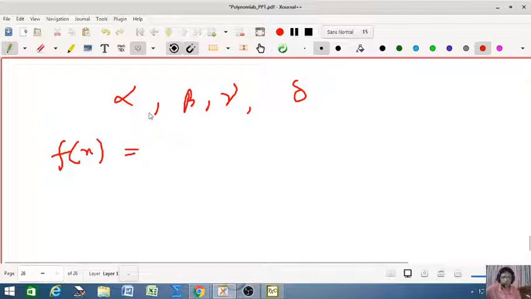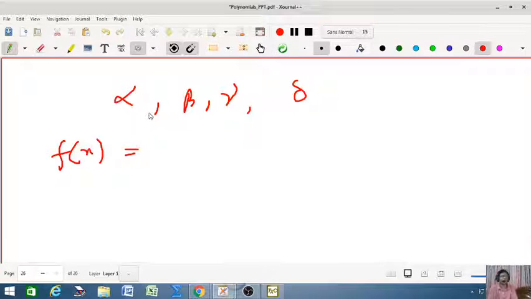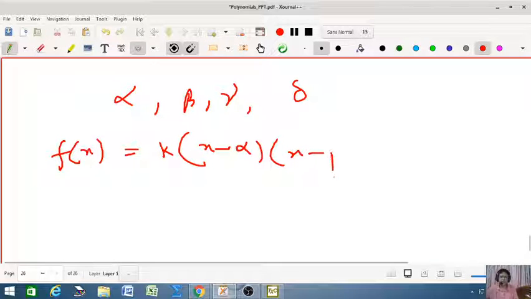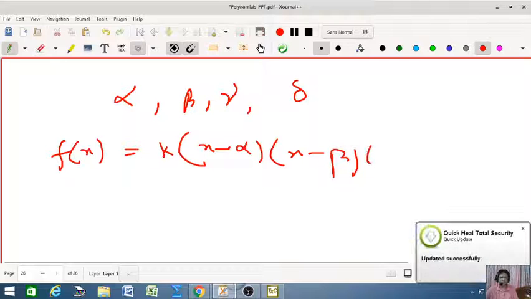There will be 4 factors by factor theorem: x minus alpha, x minus beta, x minus gamma, x minus delta. So it can be written as k into x minus alpha, x minus beta, x minus gamma, and x minus delta.